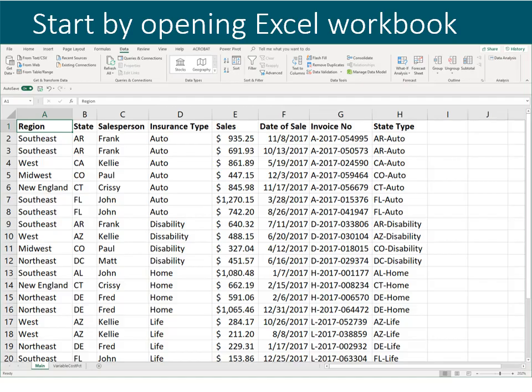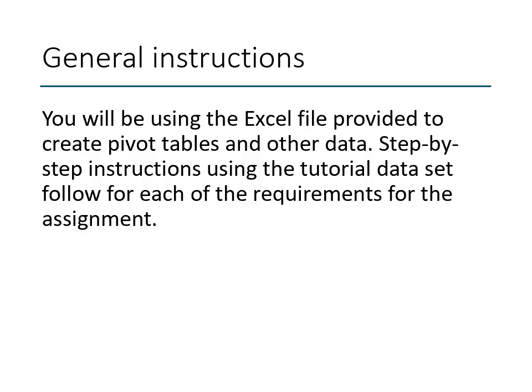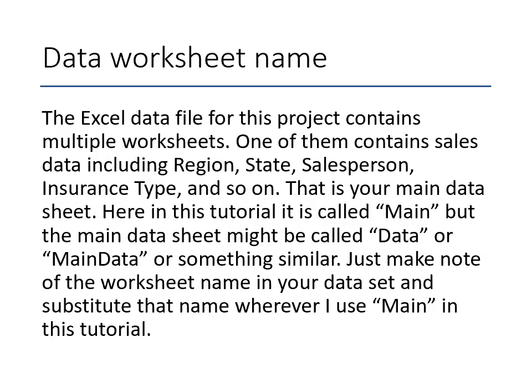Start by opening the Excel workbook. You will be using the Excel file provided to create pivot tables and other data. Step-by-step instructions using the tutorial data set follow for each of the requirements for the assignment. The Excel data file for this project contains multiple worksheets.